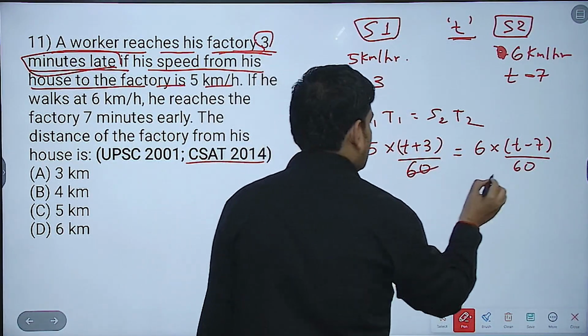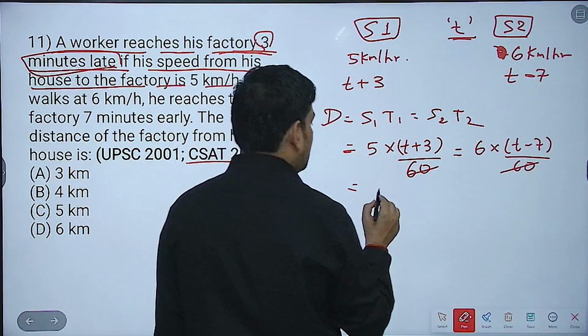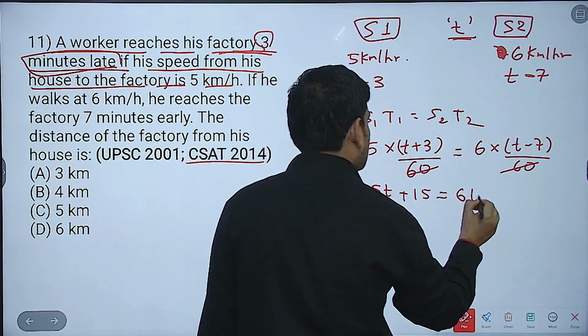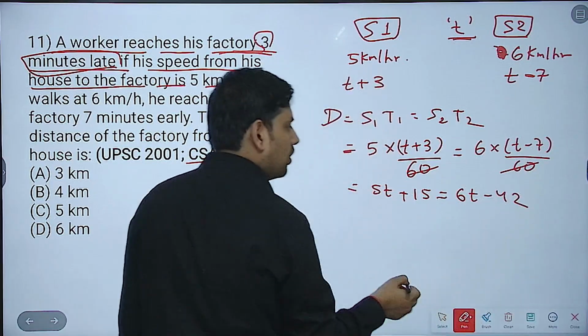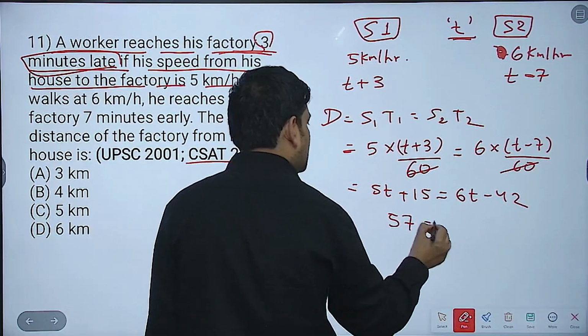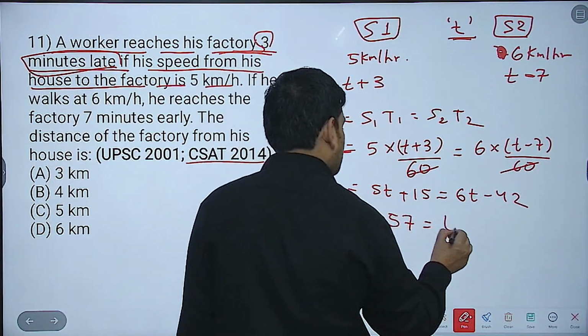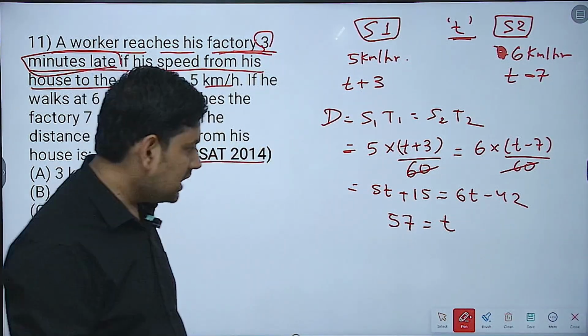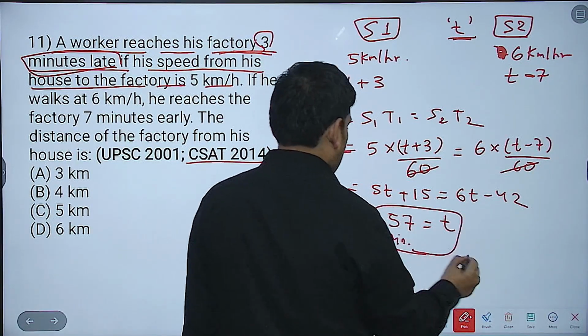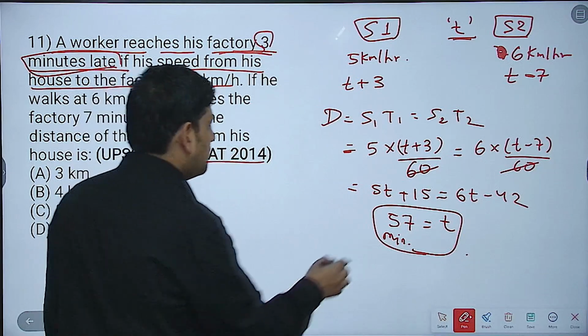Now 60 and 60 will cancel out. What you'll get is 5t plus 15 is equal to 6t minus 42. Now 42 will come here. So this becomes 15 plus 42, 57. 6t minus 5t becomes t. So t came out to be 57 minutes. Correct? Now you put it back here.